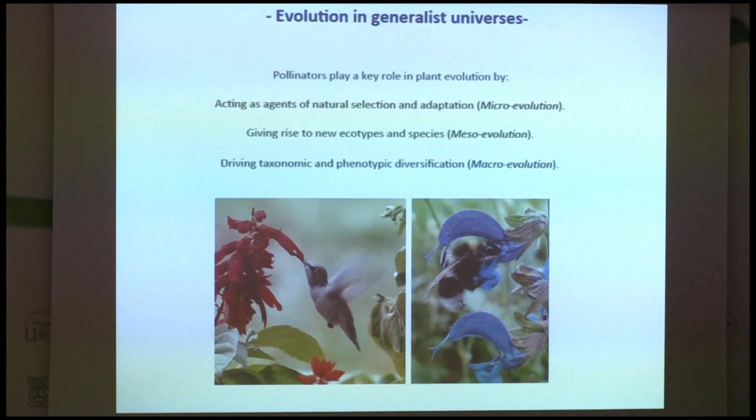They also can trigger the speciation of many species, acting at the intermediate level between micro and macroevolution, being the main driver of new ecotypes and species of plants. And at the higher level of macroevolution, pollinators can also lead the taxonomic and phenotypic diversification of many plant clades.